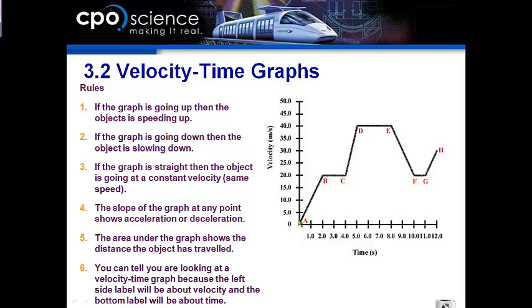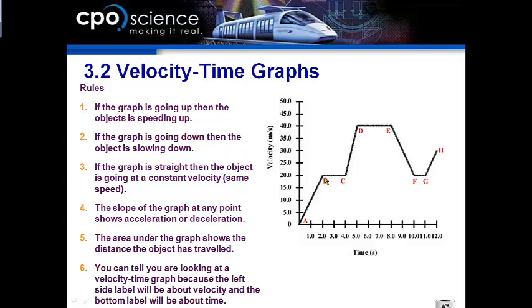Okay? So that means this object is speeding up at a rate of 10 meters per second every second. So for every second that the object is traveling between A and B, it speeds up and goes 10 more meters per second. If you think about it, that makes sense because between 0 and 1, it goes from 0 to 10, and then from 1 to 2, it goes from 10 to 20. So each second, it's going 10 meters per second faster.